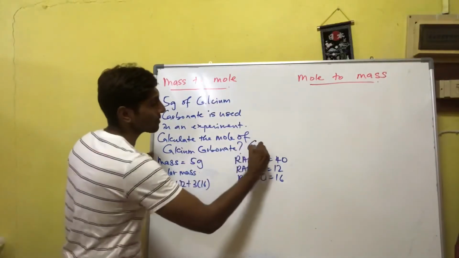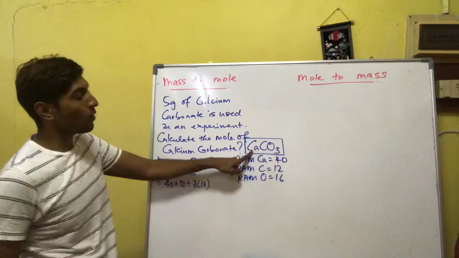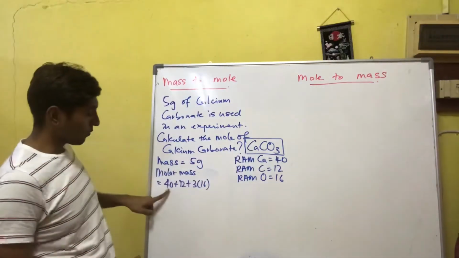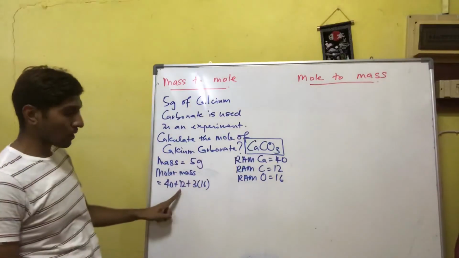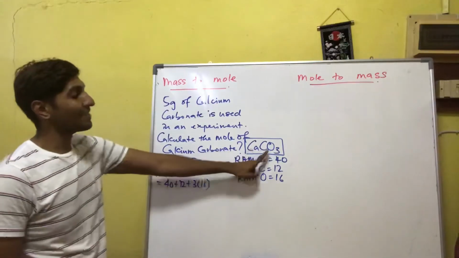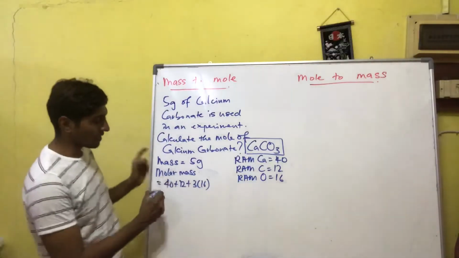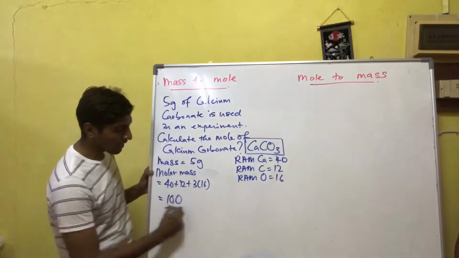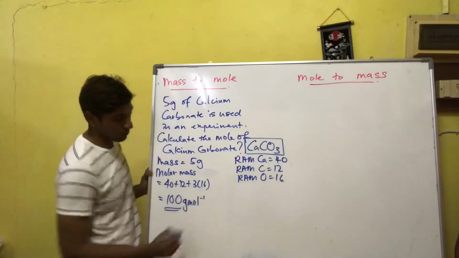Because calcium carbonate, CaCO3, has 1 calcium, so 40 here. There is 1 carbon, so 12 here. And there are 3 oxygen, so 3 times 16. Okay, so that would give you 100 gram per mole.